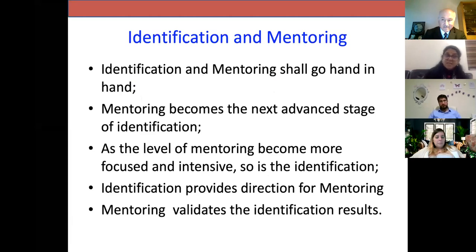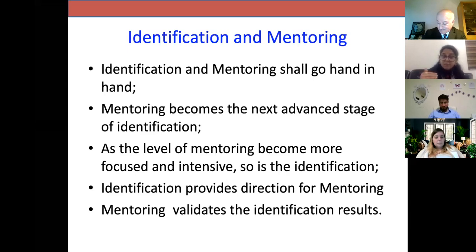For example, we identified a child in our potentially gifted cohort, and when we started the mentoring program, the child was not able to survive that mentoring program. But the percentage of such children was less than 5%. We saw the results when we analyzed.